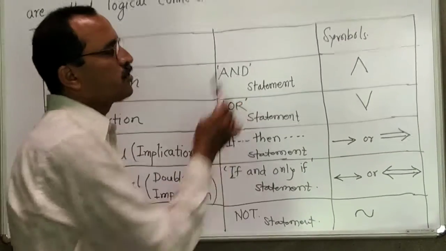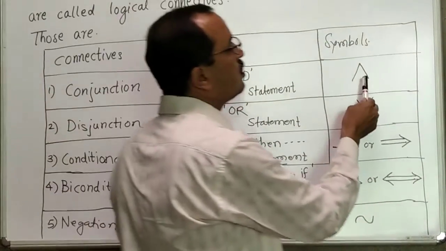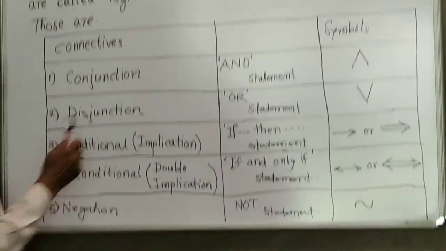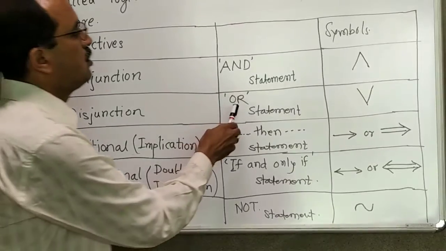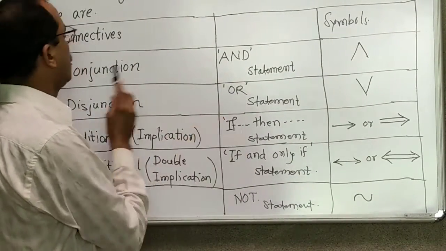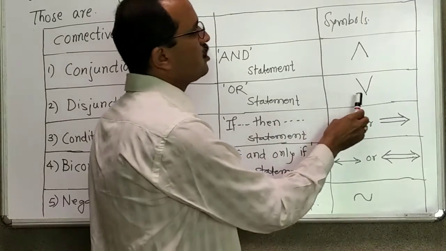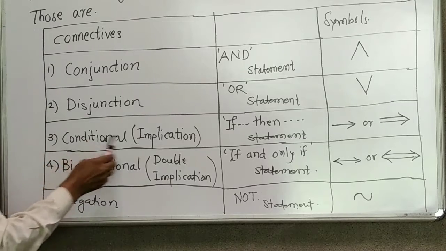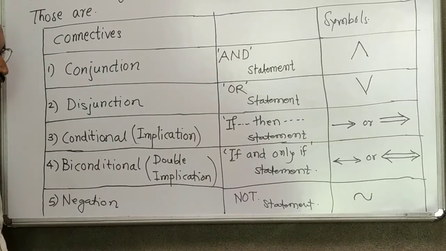It is called AND statement and symbol is reverse V. Second one is disjunction, means OR statement, and the symbol is V.